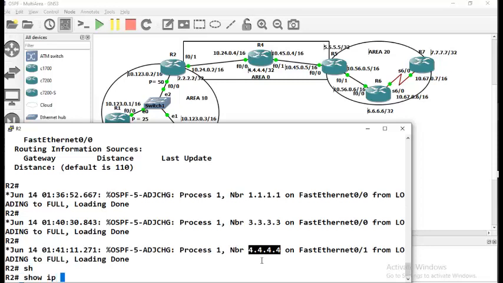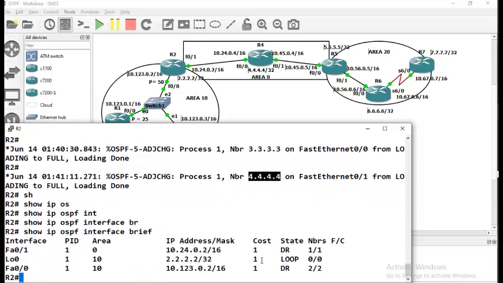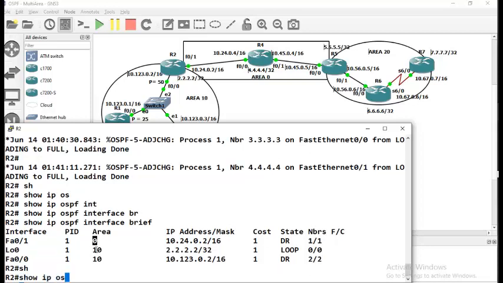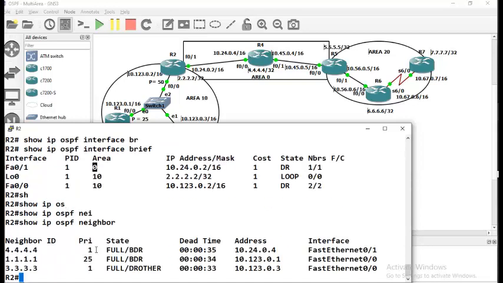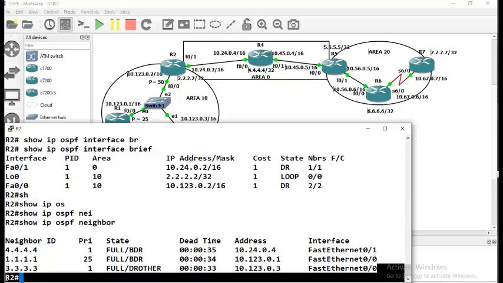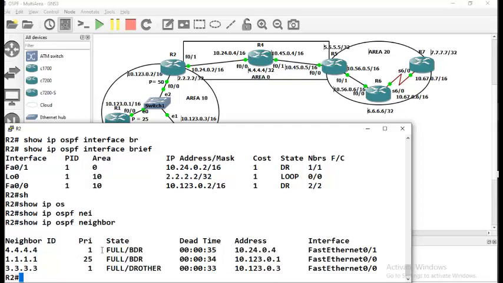Show ip ospf interface brief. You can see different areas here, right? Now let us go to the neighbor statement. Show ip ospf neighbor. You can see here, router 2 itself is the DR, so you will not see that here. And who is the BDR?